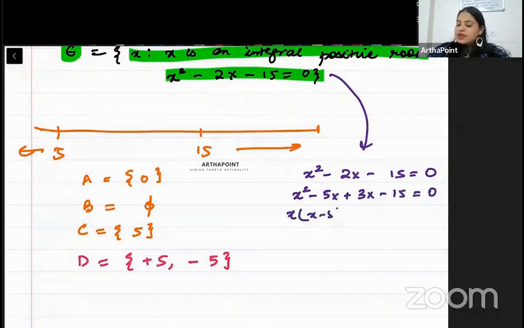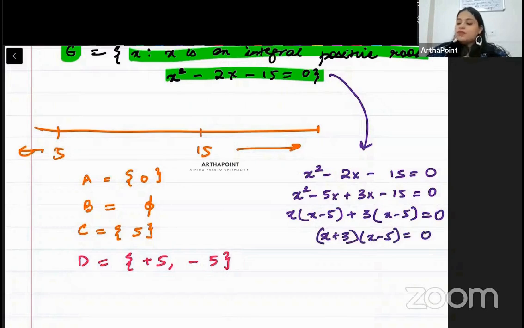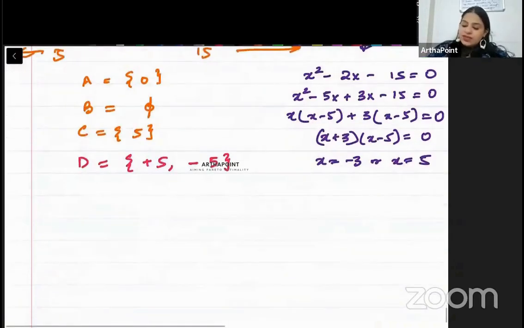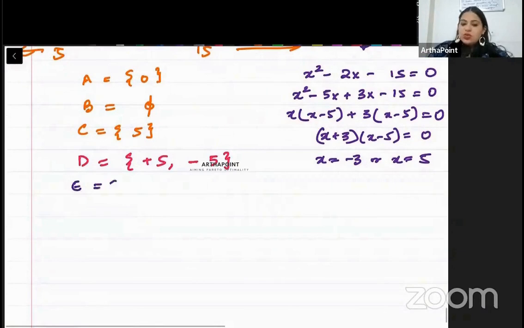X minus 5, X plus 3, is 0. Either X is minus 3 or X is 5. So beta, there are two elements in this. E contains two elements, which is nothing but minus 3 and 5.